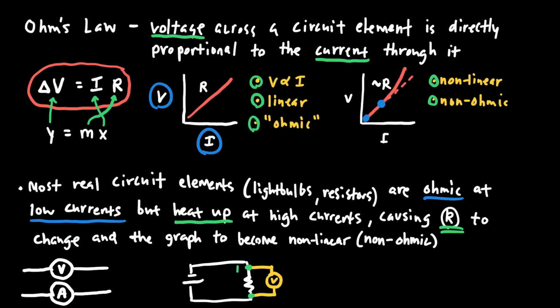If I call those two points A and B, the voltage between points A and B is the same whether the voltmeter is there or not. And the reason for that is that the voltmeter is designed to have infinite resistance.